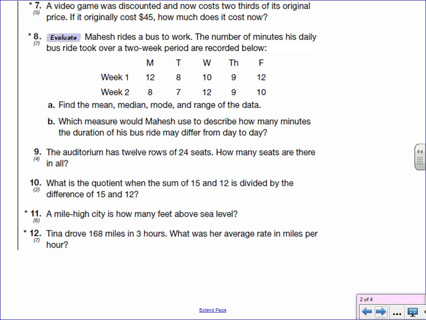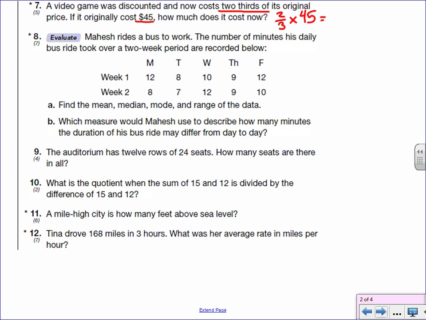A video game was discounted and now costs 2/3 of its original price. If it originally cost $45, how much does it cost now? So this is using fractional parts, and 2/3 of 45 means 2/3 times 45.